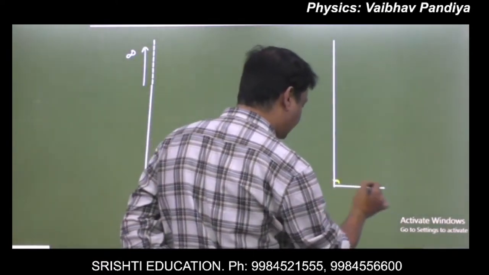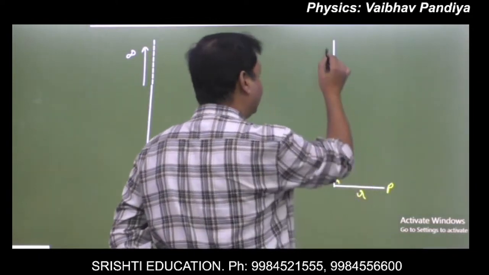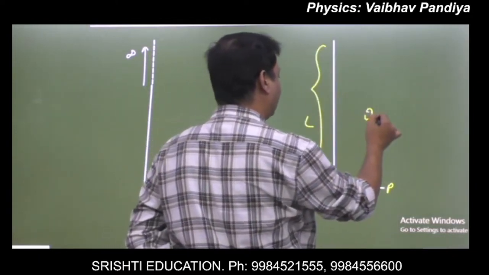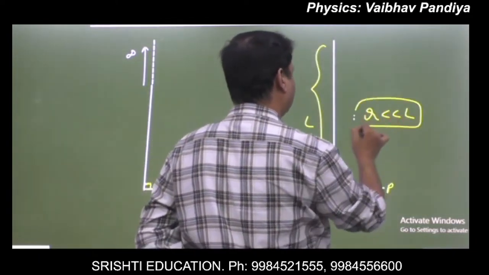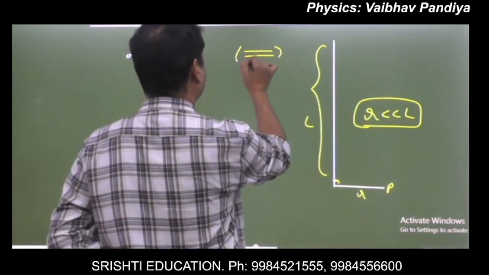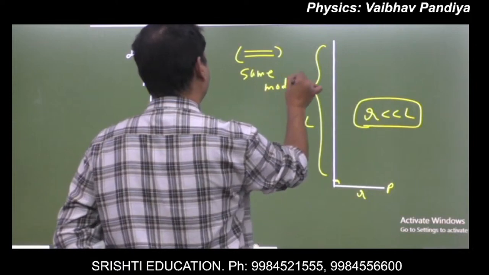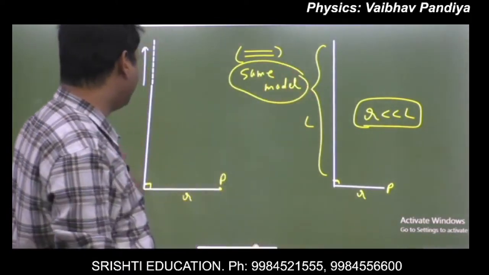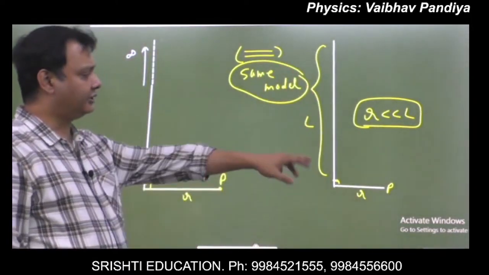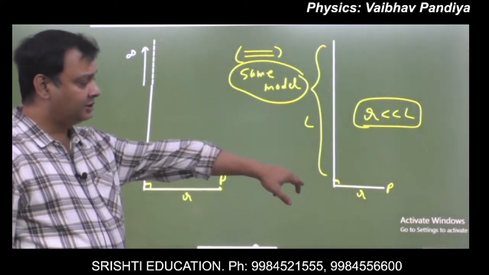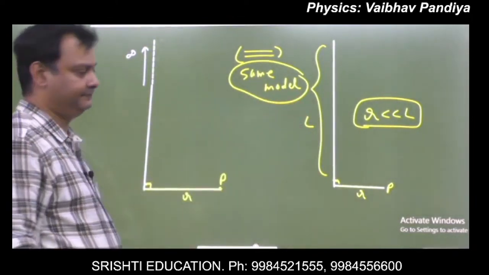Now we have a finite line, the length of the rod is L, and you are given R is much less than L. So it is the same model. Either you can be told that the line is semi-infinite, or you can say the point is located at the end and R is much less than L.